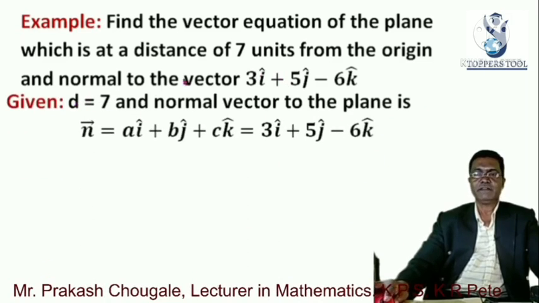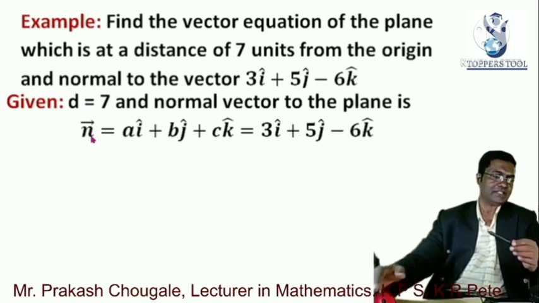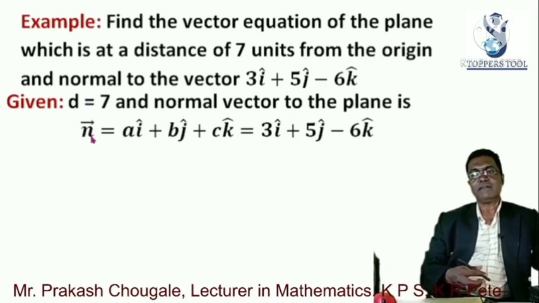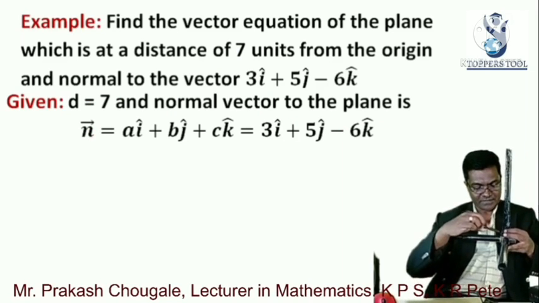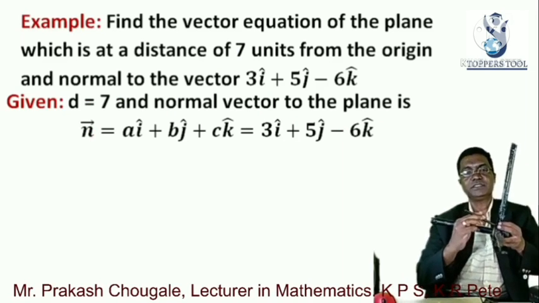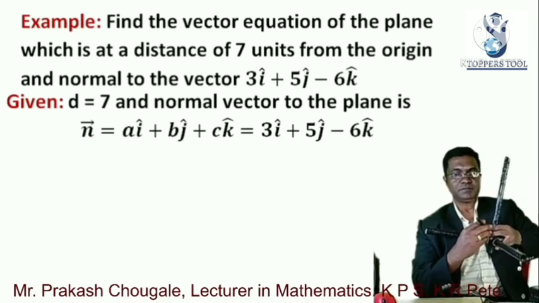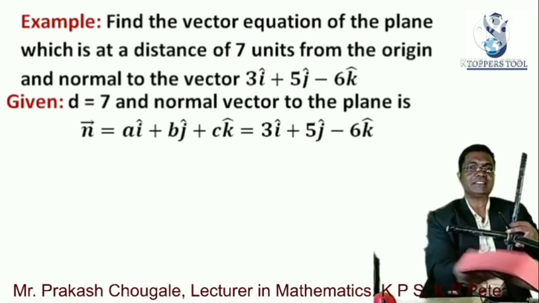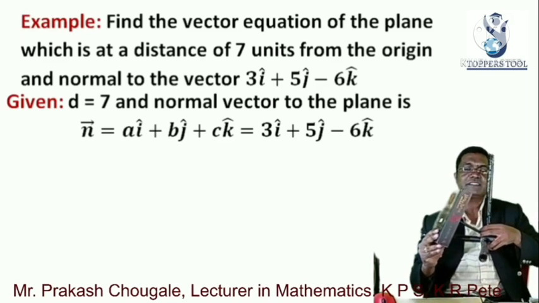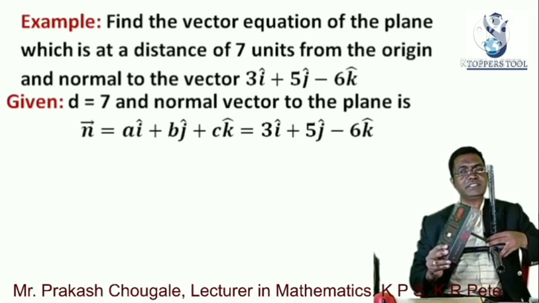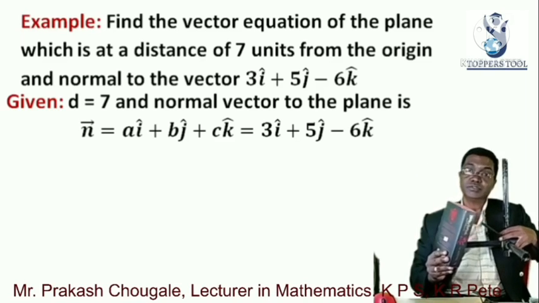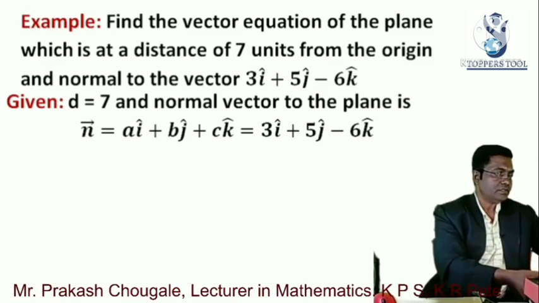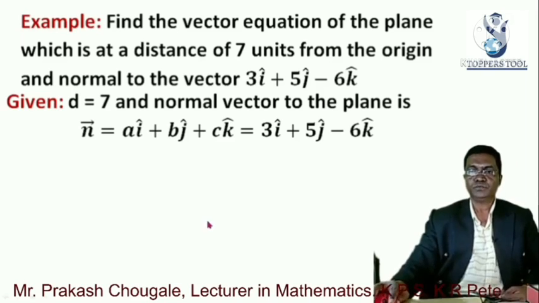Given d is 7 and the normal vector to the plane is vector n. You are given this vector, which is your normal vector, and you are asked to construct the equation of this plane. So let us move on.